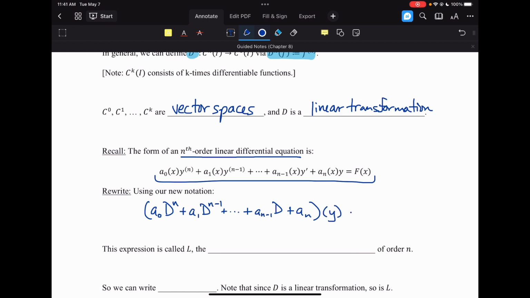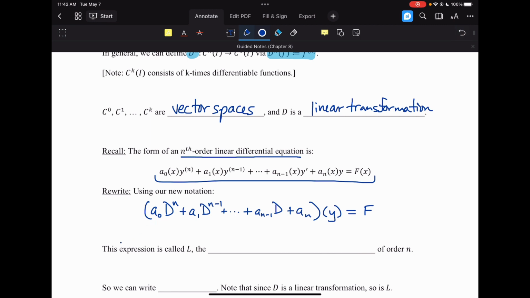And then we take that of y equals f of x, which a lot of times we'll just abbreviate as f, because the implication is that everything here is ultimately in terms of x. But this is the alternative notation we have for an nth order linear differential equation.